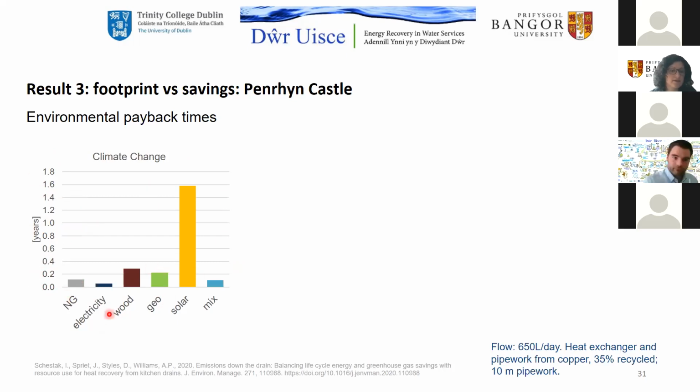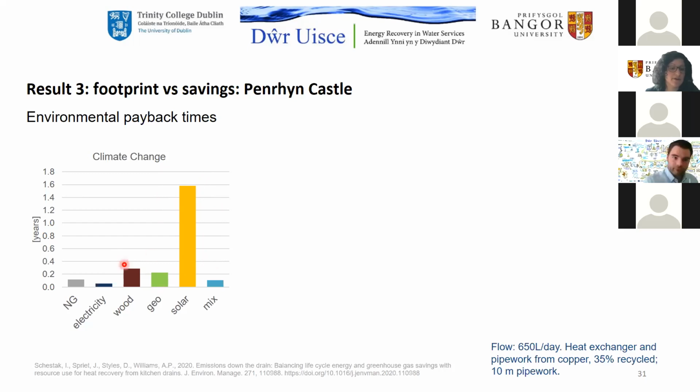And as you can see, and that's good news, our highest payback time, which is for solar thermal, is also under 2 years, and we expect our system to run at least for 10 years, or according to the manufacturer, probably over 20 years. So what we can see here is that our payback time is way smaller than the lifetime of the system. So that's good news.